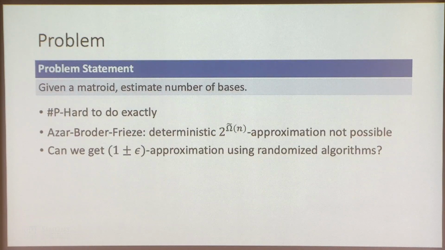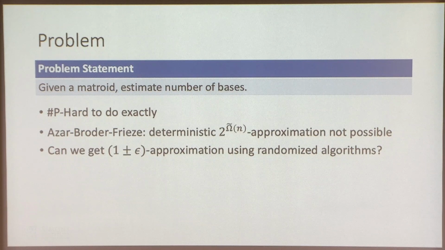So what is the problem that we're going to study? You're given a matroid, and you want to estimate the number of bases of your matroid. How is the matroid given to you? Basically, you're given a function that you can ask whether a given subset is independent. That's how you're given this matroid. It's an implicit and compact representation.